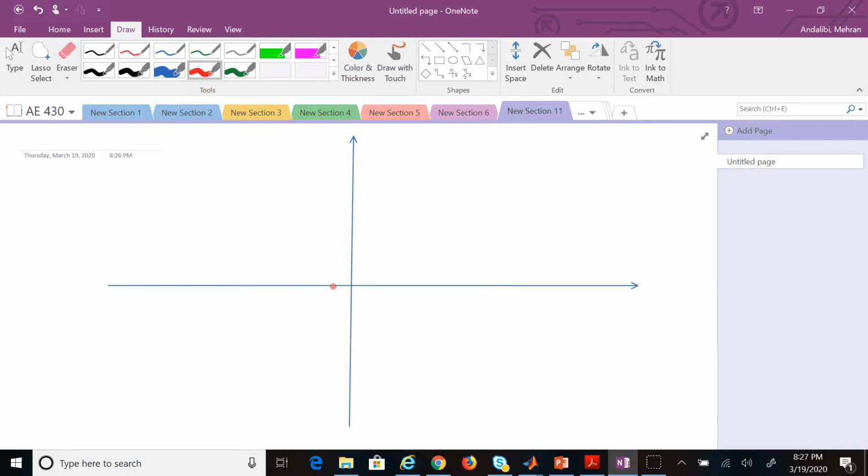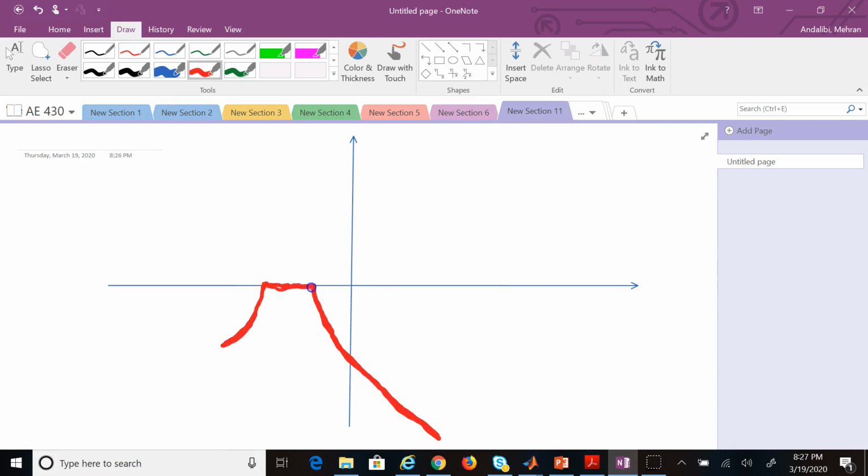One branch comes from here, goes to this point, and then follows this asymptote.